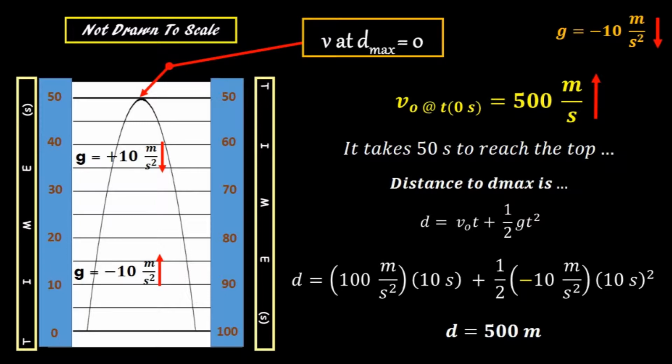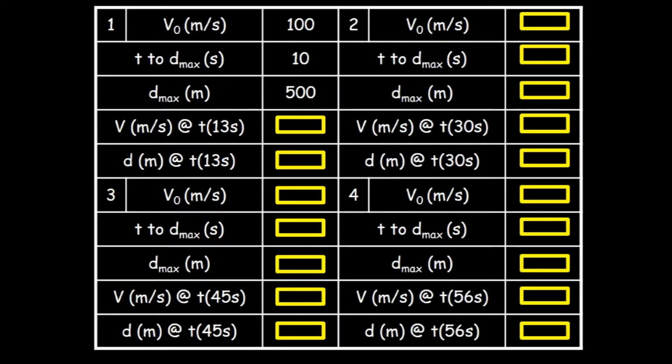I want to get to the actual top. I take my initial velocity, put it into the equation, and I get 500 meters.